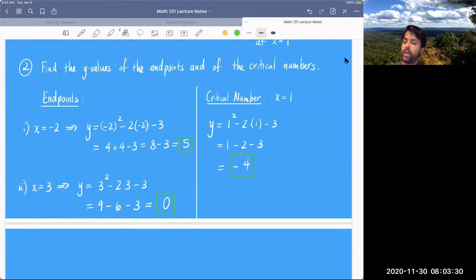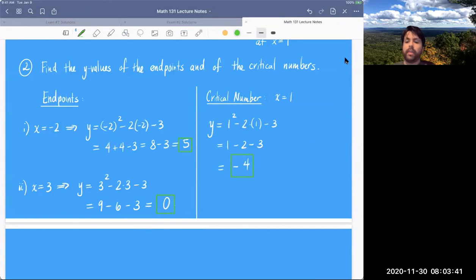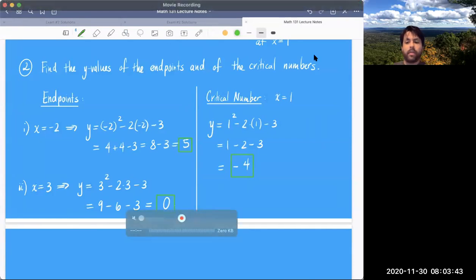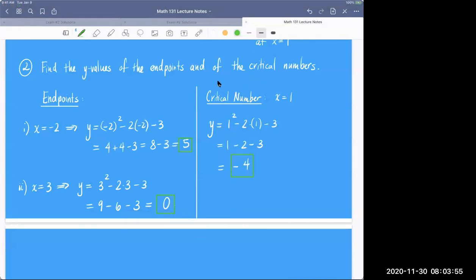So then what's going to be my absolute max? Not the relative max. What's my absolute max? 5.